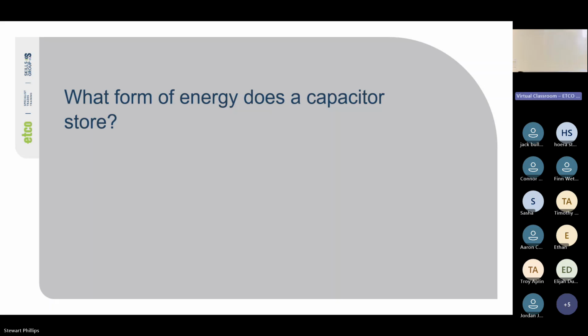So we've talked about farads, which is the measure of capacitance, and coulombs, which is the charge. But what form does the energy get stored in?